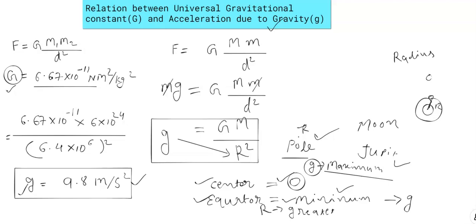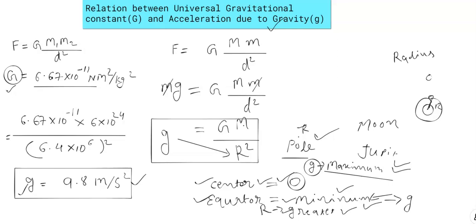It is g equal to GM upon r square. So whenever r is greater, then the g value will be minimum. So at the earth pole, it is maximum. At the equator, it is minimum. And at the earth center, it is 0.